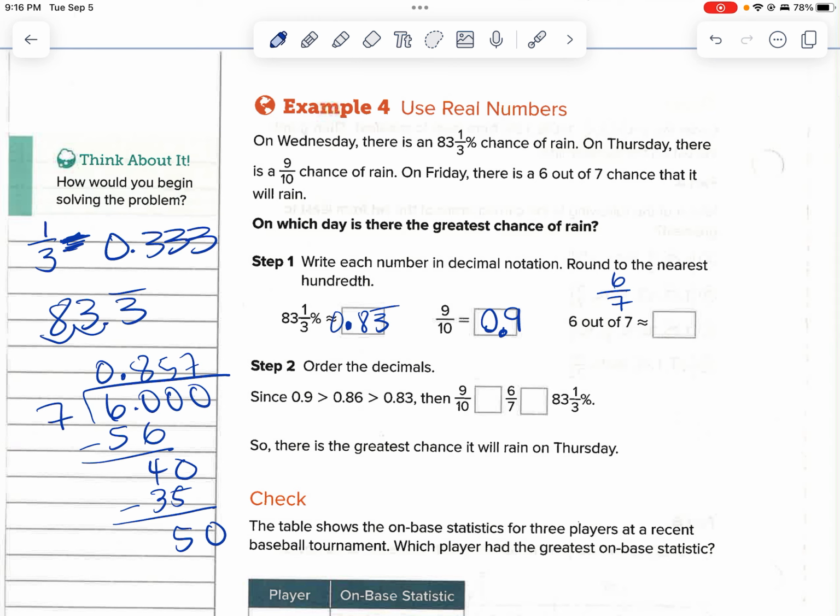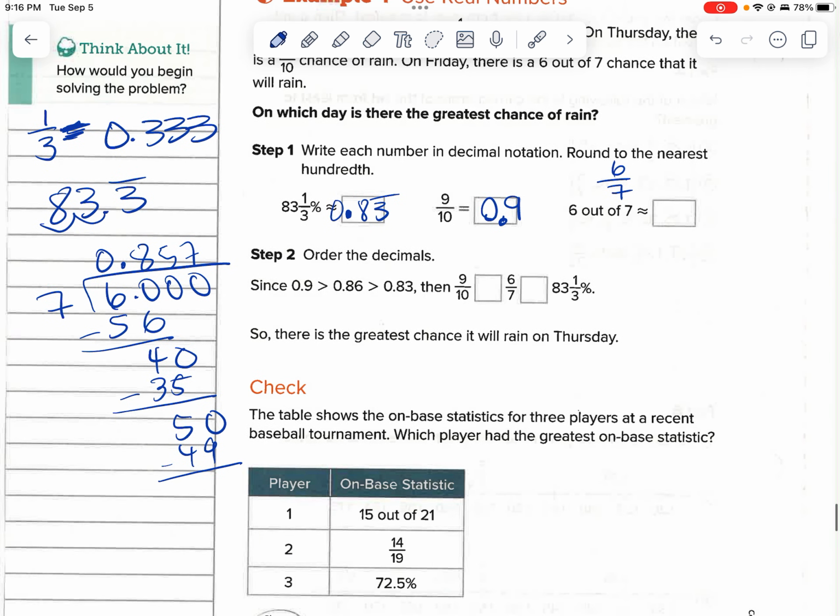That goes in 7 times. It's 49. Oh, it says round to the nearest hundredth. Well, we could stop right now because the next digit is a 7. So this is going to get me 0.86.